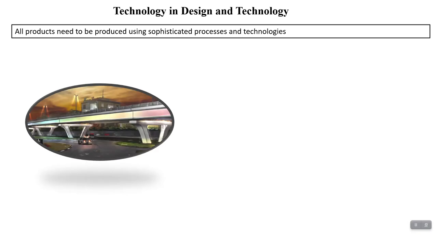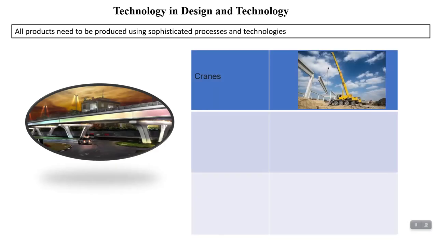So, when we talk about technology itself, all products need to be produced using sophisticated processes and technologies. The cranes, for example, are good examples of technologies that have been used for lifting purposes because they are very heavy materials which have been used to produce the flyover.